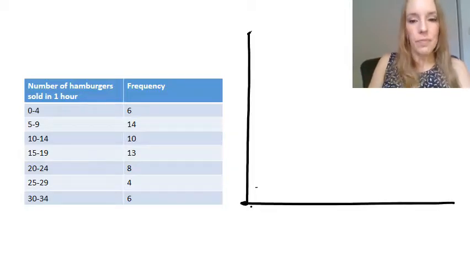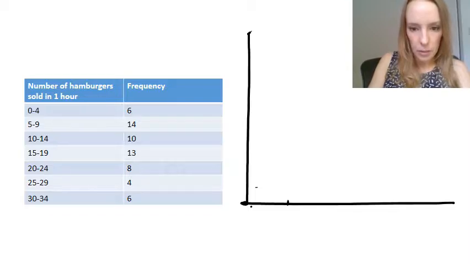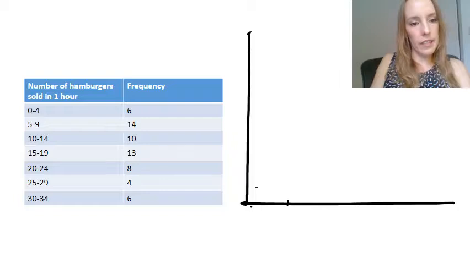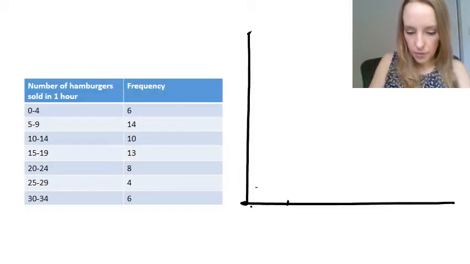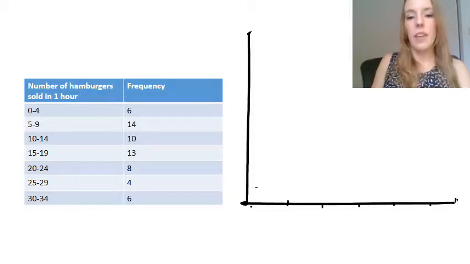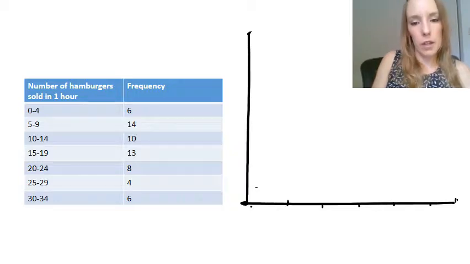Okay, so our first one here, how many? We've got 1, 2, 3, 4, 5, 6, 7. 7 different categories. So 1, 2, 3, 4, 5, 6. That's not going to fit. Anyway, I'll make it a little bit smaller. 7.